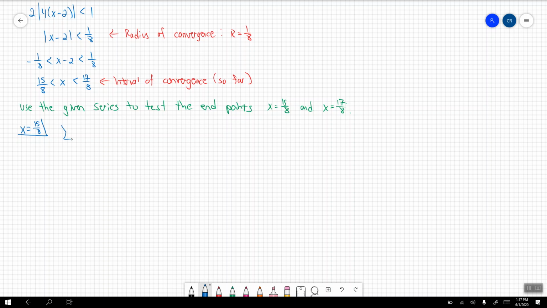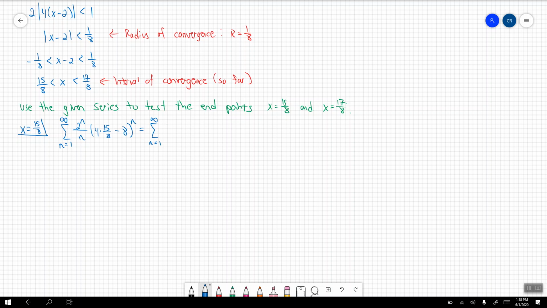I'm going to plug this into my original formula. So using my original formula, this is going to be 2 to the power of n divided by n multiplied by 4 times 15 over 8, that's my x value, minus 8, to the power of n. Let's simplify this.